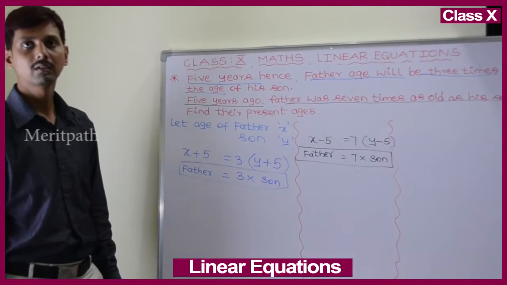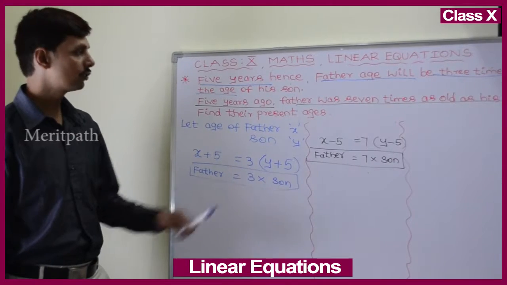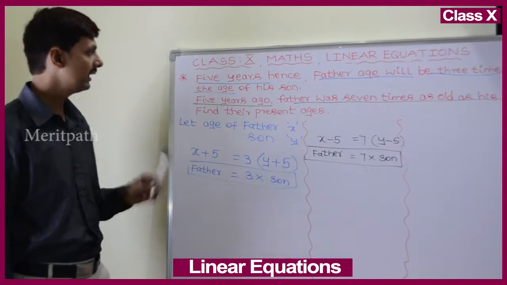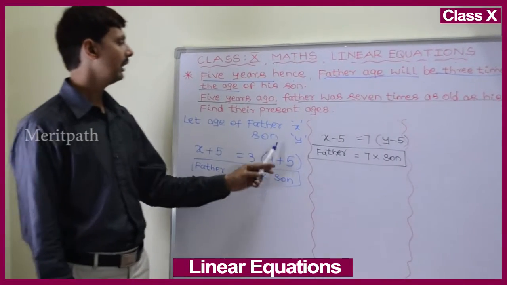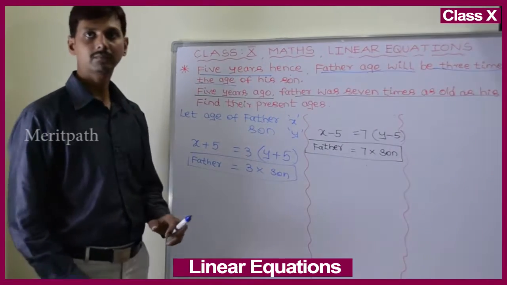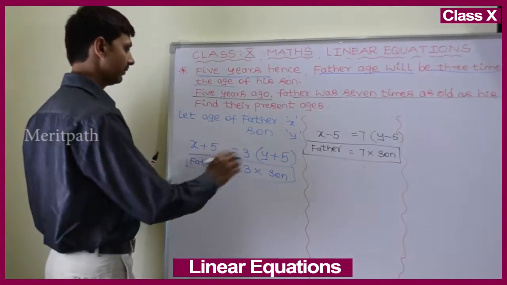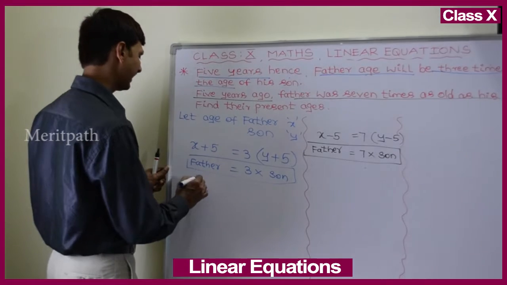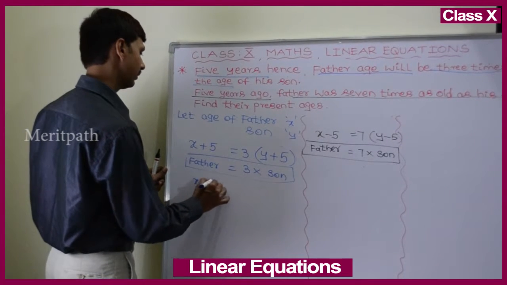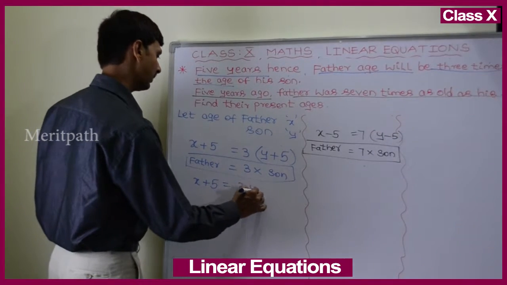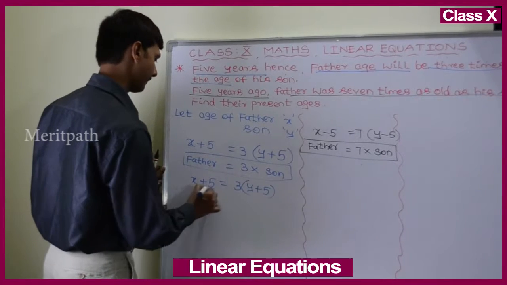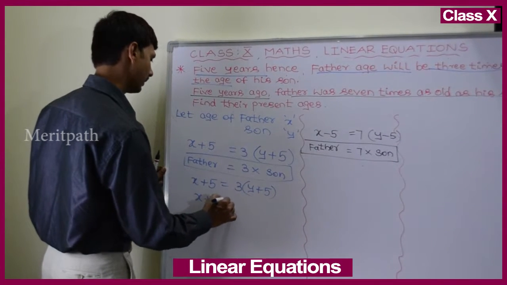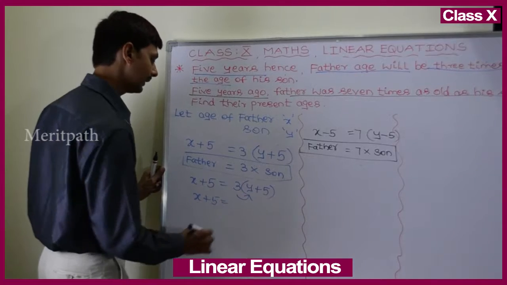Let us find the values of x and y from these two equations, so we get the son's age and father's age. Let us take the first equation and simplify this. x plus 5 is equal to 3 into y plus 5. x plus 5 is equal to 3y plus 15, multiplying by 3.